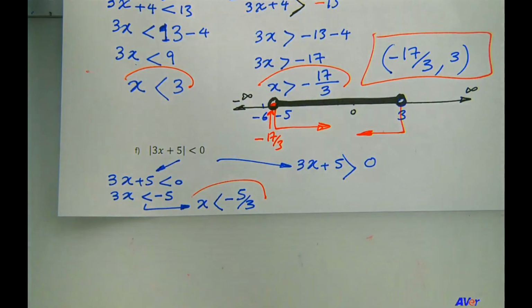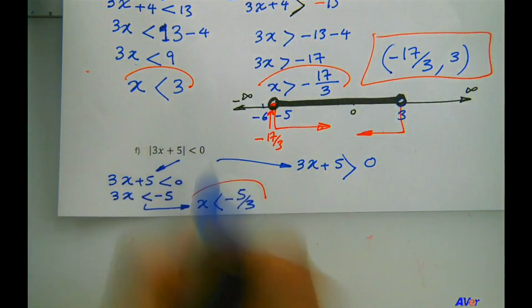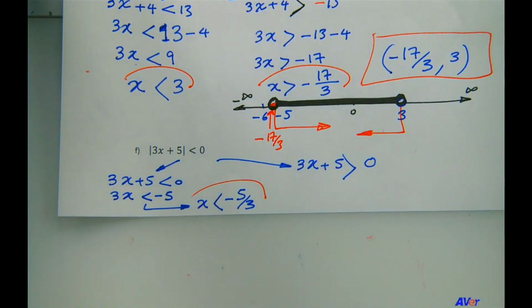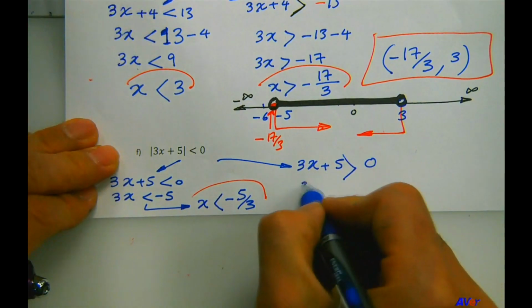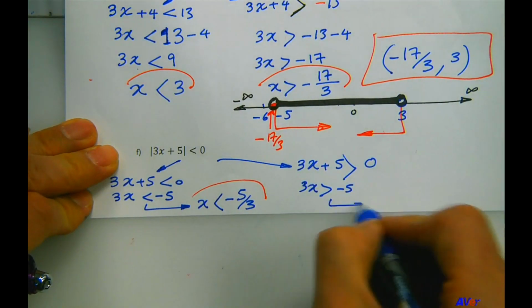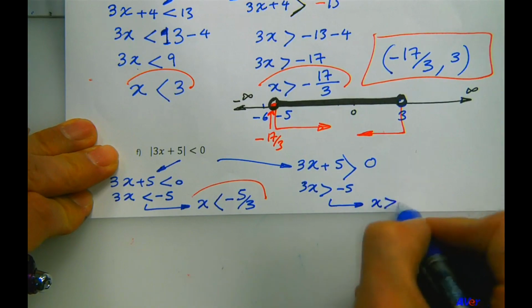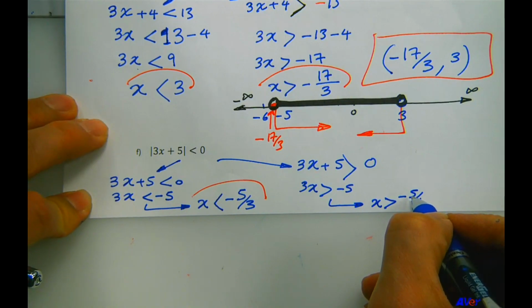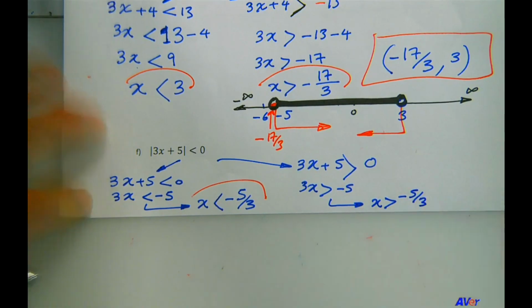It was absolute value less than 0. Now it becomes that quantity greater than 0. Okay? So let's solve for x here. 3x greater than negative 5. And then x is greater than minus 5/3.